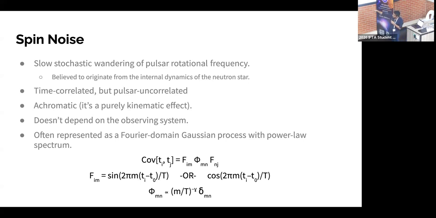So this F represents the basis matrix. That's a Fourier basis, sines and cosines. And that phi basically represents the spectrum of this process. So it is usually treated as some kind of a power law, or a broken power law, or a power law with some kind of plateau or something like that.